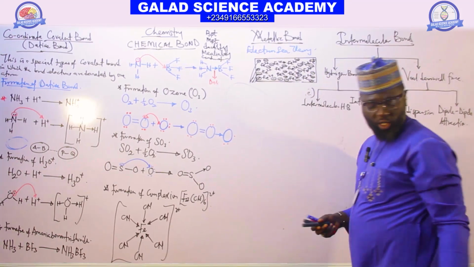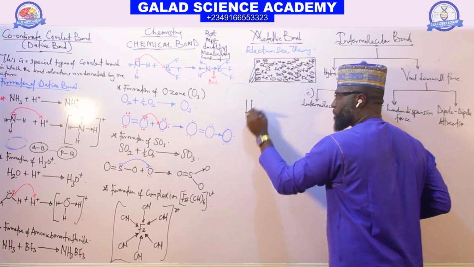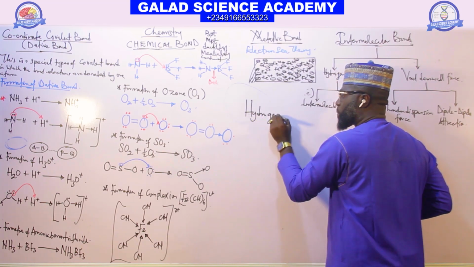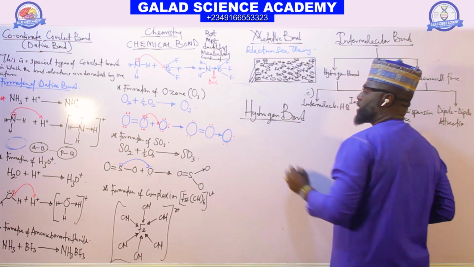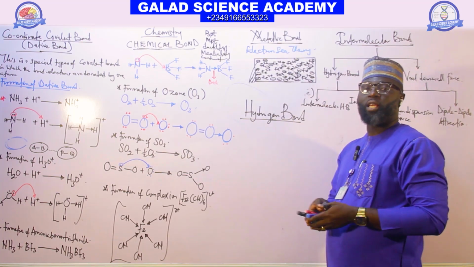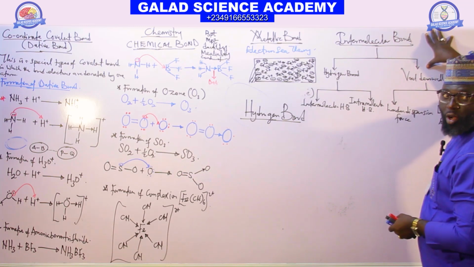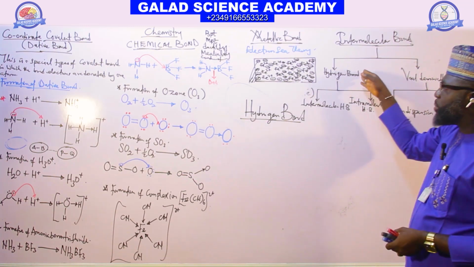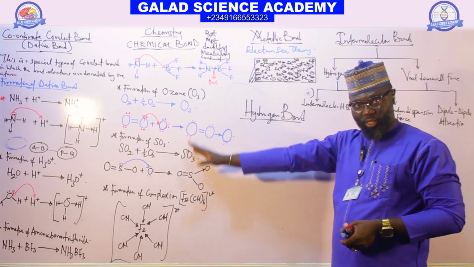So let me use this for hydrogen bond. What is hydrogen bond? See, hydrogen bond, out of all these intermolecular forces or bonds, is the only one that exists as a real bond.